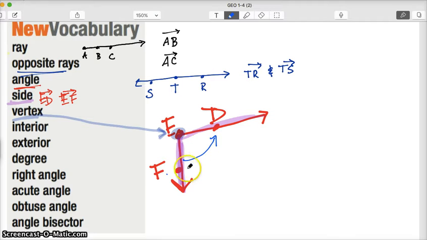I'm going to use this analogy again: within the bending of the elbow, let's say this is truly an arm and it's bent, everything that is sitting on the arm or within the arm is part of the interior. So all in here is the interior. And of course, if you understand interior, you'll know that everything on the outside will be the exterior. So everything out here would be considered the exterior of the angle.